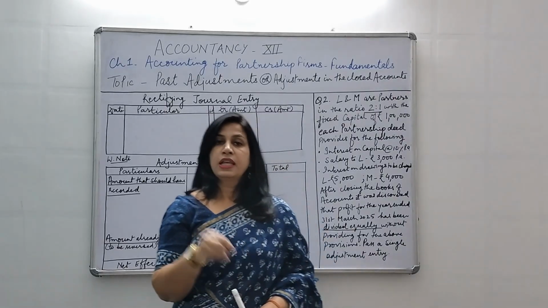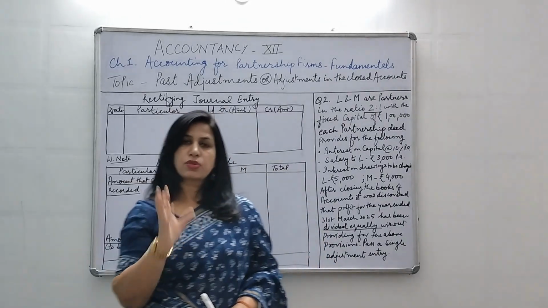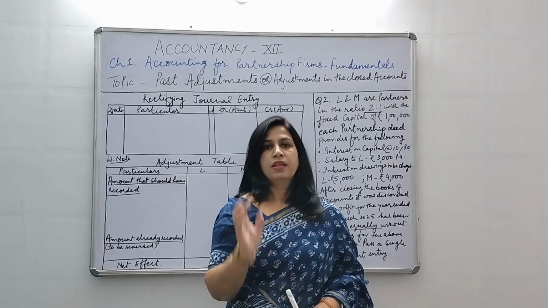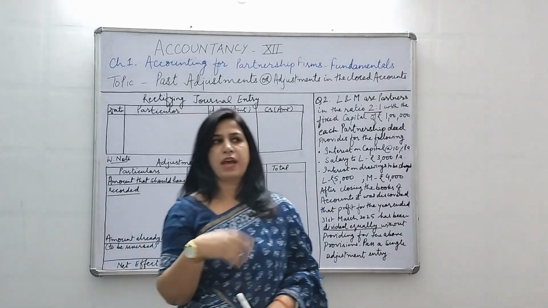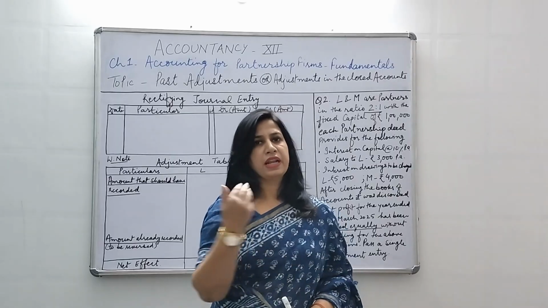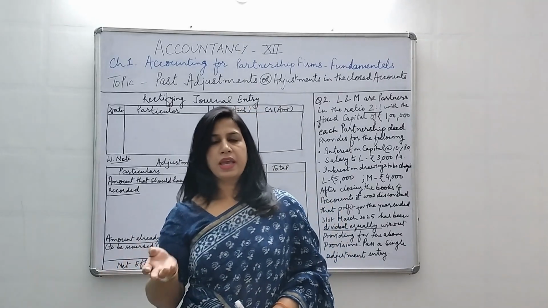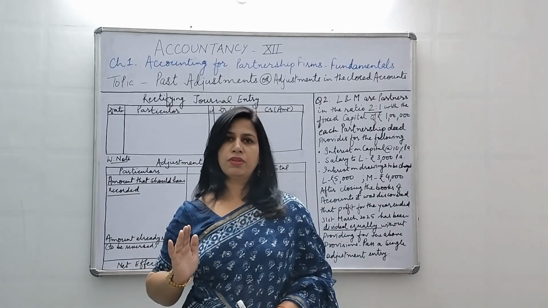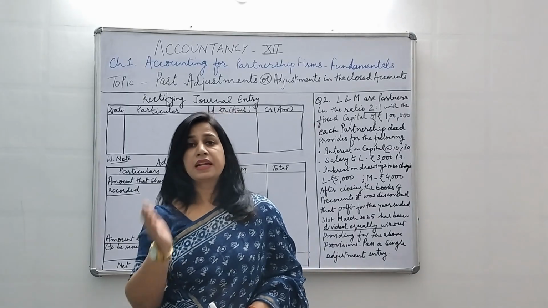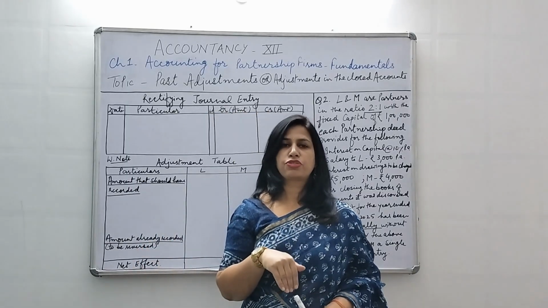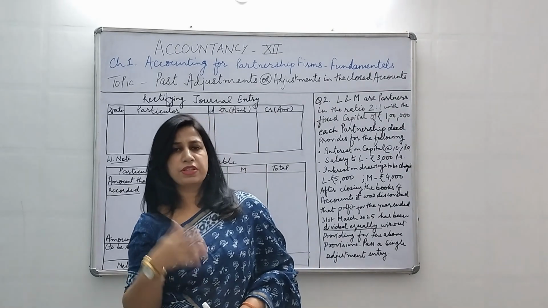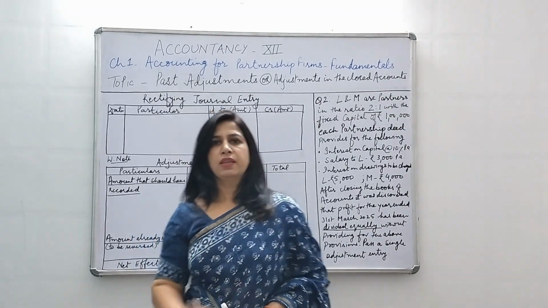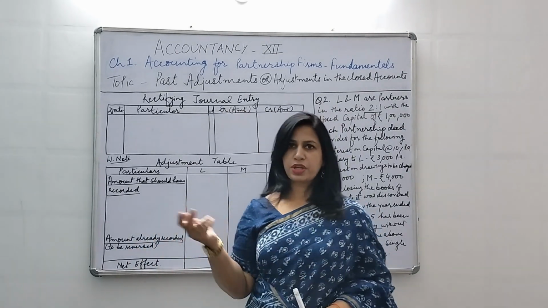But in any question, if the profit sharing ratio also is wrongly done, okay, so many times children don't understand in which question we have to calculate divisible profit and in which question we should not. So that is the line here to understand: if the profit also has been distributed in a wrong ratio, then we will calculate the divisible profit also. Okay, so let's start solving the question.